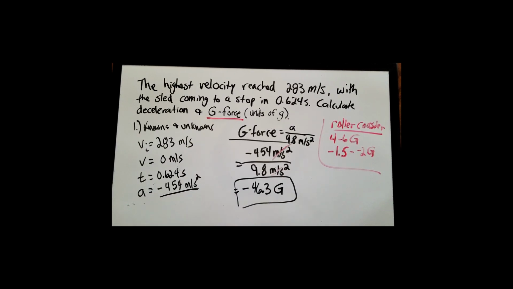What I want you to do is take that acceleration and calculate the units of G. It's a pretty straightforward calculation. You're going to take the acceleration you found, divide that by 9.8, and then tell me how many units of G that particular object has. So what's its G-force?